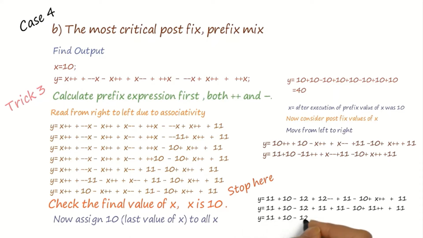Afterwards, the next postfix operation is again x++, which will become 11++, that is 12. And then we have x--, that is 12--, which gives x as 11. And finally, we have x++, that is 11 plus 1, 12. Therefore, the final value of x is 12 for this given expression.